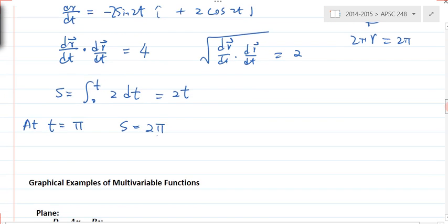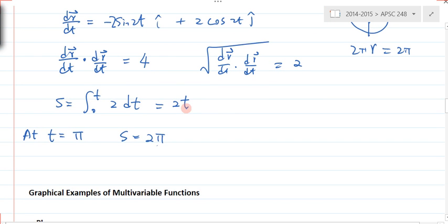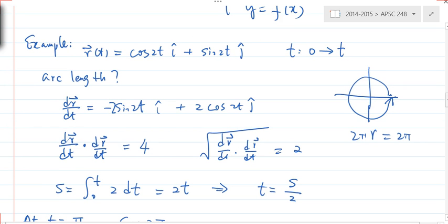For example here, this is what I derived between s and t. So this means t equals s over 2. If I replace this t here with s over 2, I get an alternative vector function describing this circle, but this time in terms of the arc length.